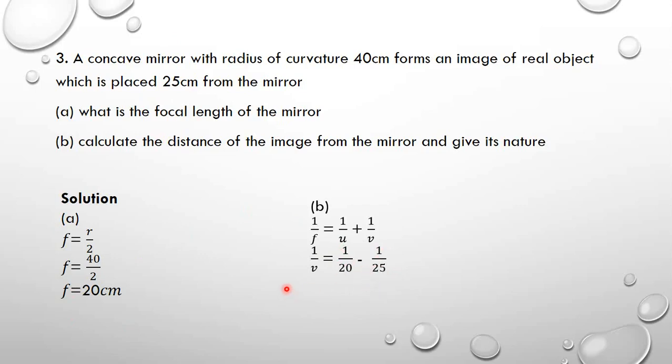And therefore we shall have 1 over v is going to be 1 over 100, which makes v equal to 100 centimeters if we cross multiply, and it's going to be positive. Positive means that the image is going to be real. And also if we divide 100 by 25, we get 4, which is magnified, because as long as the magnification is greater than 1, it means that the image is magnified.